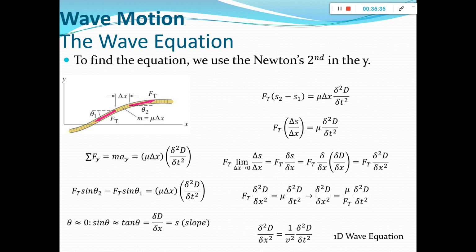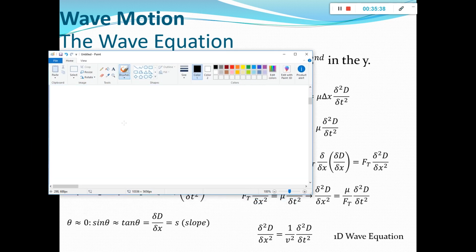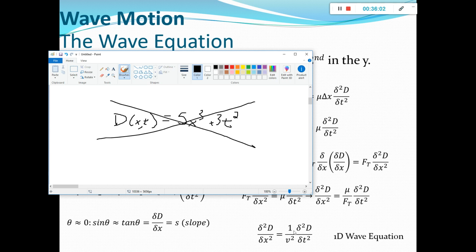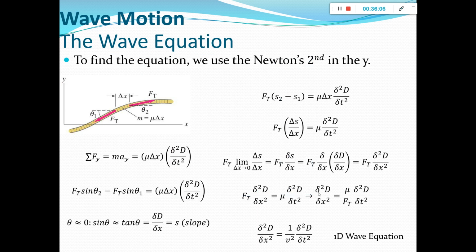For example, if you tried setting the function d(x,t) equal to something like 5x cubed plus 3t squared, and you use this equation here, it's not going to satisfy this. So you would say that this is not a good equation for a wave because it's not satisfying this condition. So yeah, this is a condition for a wave.